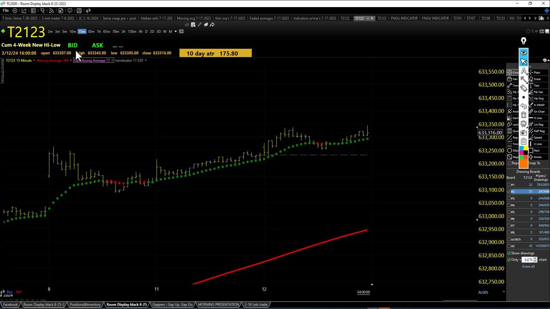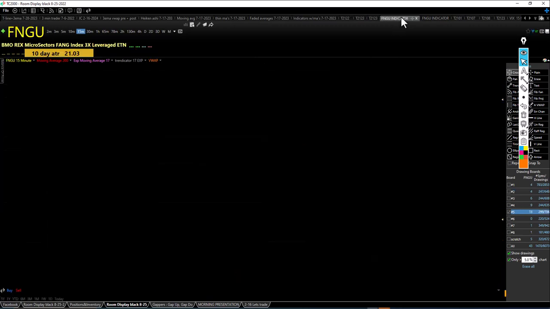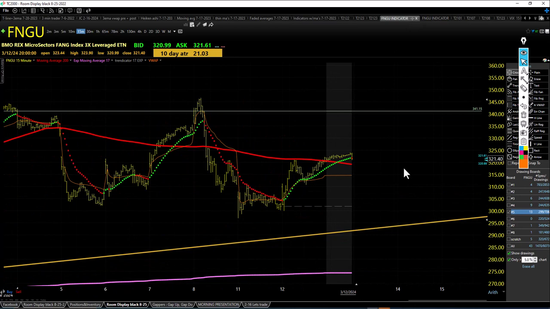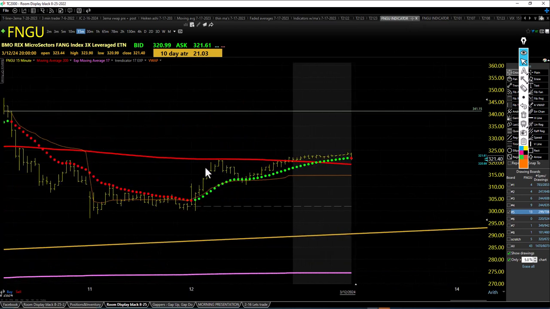But the big one that I'm really interested in was the FNGU. I could see it came back and bounced, VWAP held as support right there, and the price action went back towards the flat 200. What I wanted to see was it get up and over it and consolidate on top.